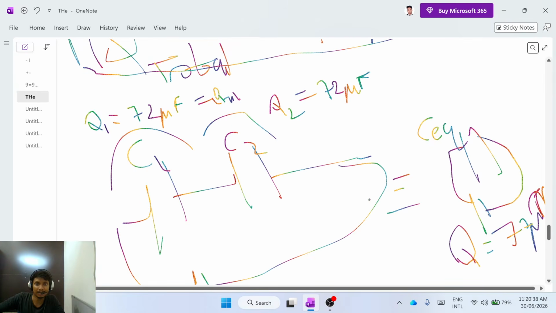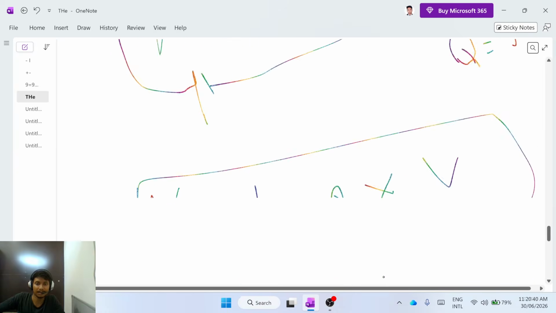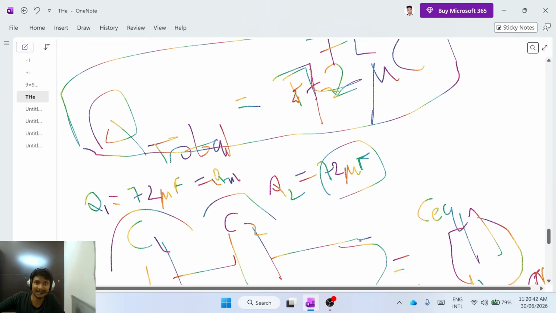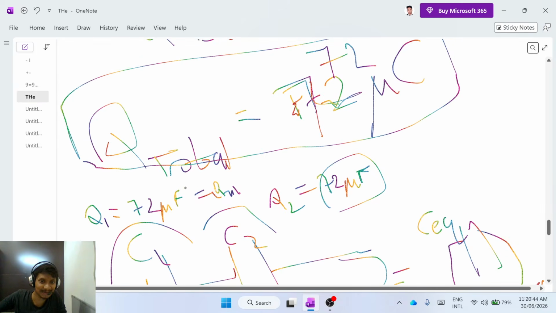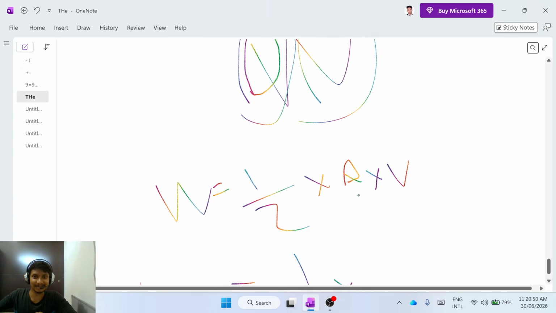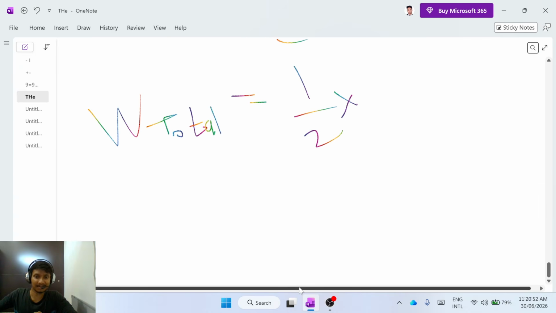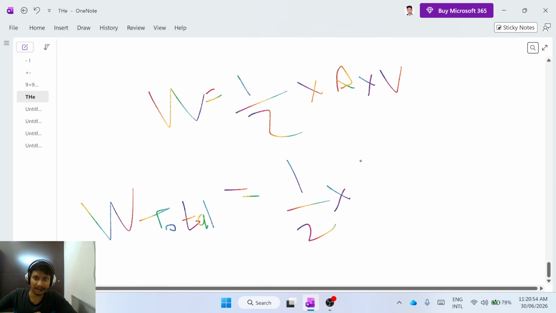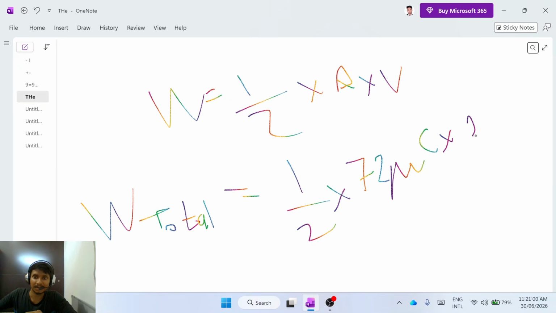What is Q total? 72 microcoulomb. Sorry, microcoulomb, not microfarad, because farad is capacitance and this is charge. Half into 72 microcoulomb into the voltage, which is 26 volts.